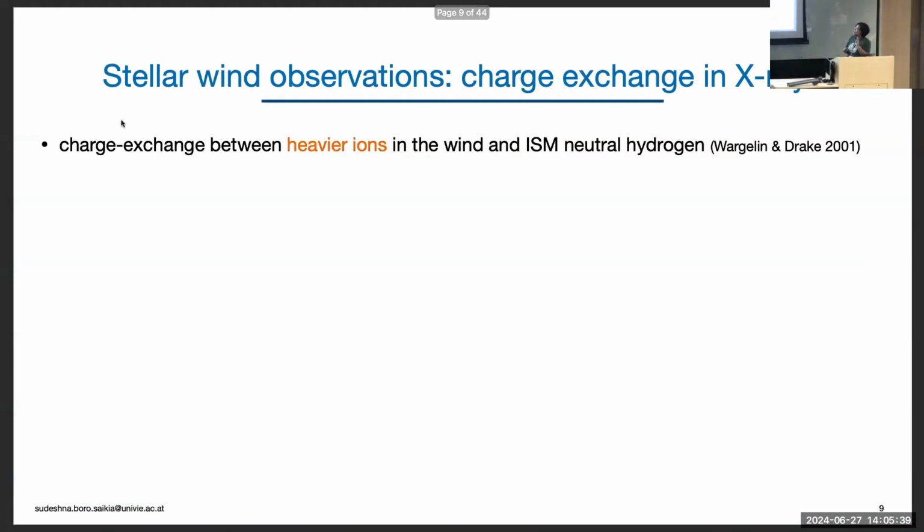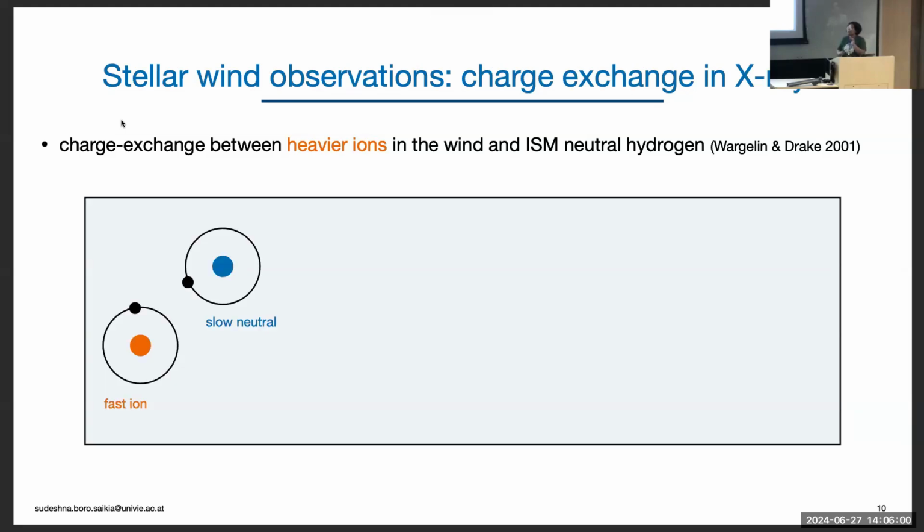But I want to talk about another process, which is also a charge exchange process, but in this case involving the heavier ions in the stellar wind, which could be carbon or oxygen, for example. When heavier ions meet neutral hydrogen, the mechanism is slightly different, and I'm going to attempt to show this in this very badly drawn sketch.